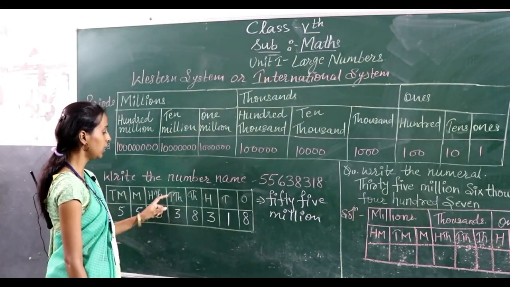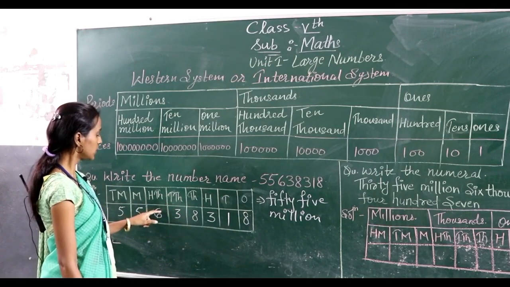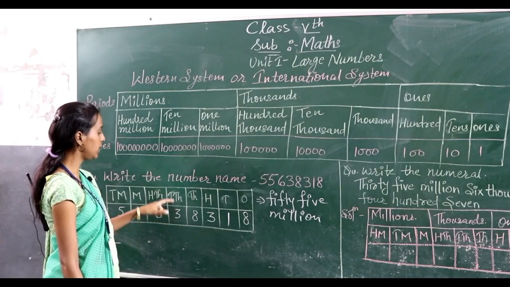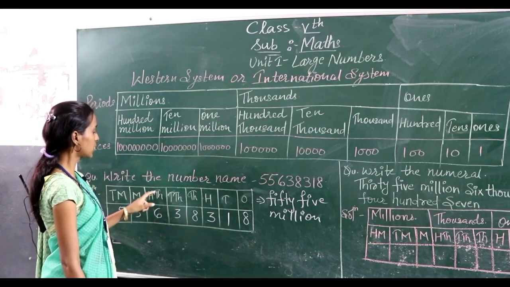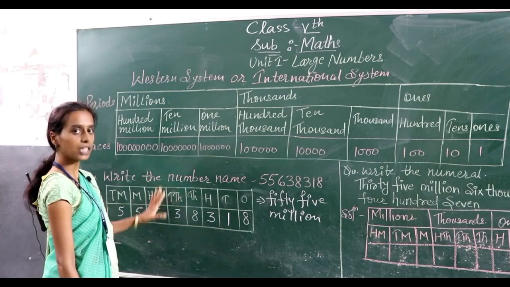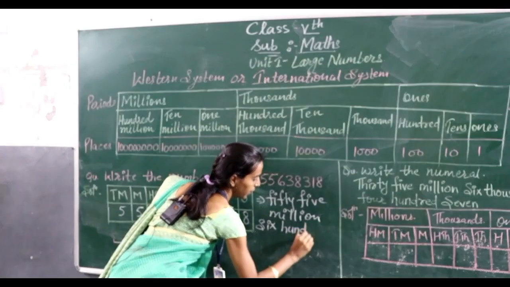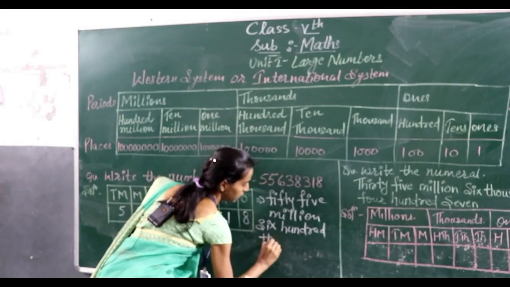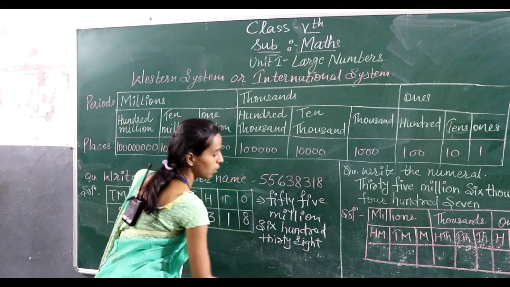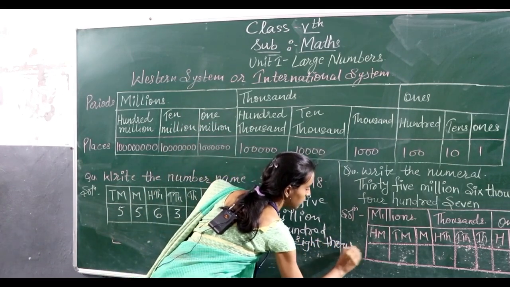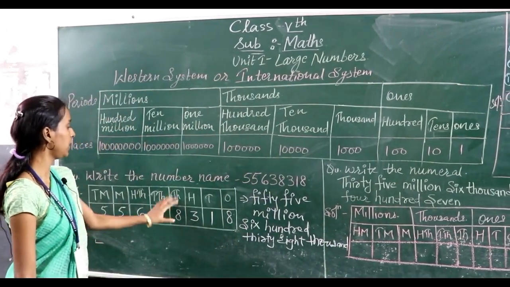So 638, sorry. Okay, so 6 is in the hundreds position, 3 is in the 10,000 position, 8 is in the 1,000 position. So 638,000. 638 and the whole column is of 1,000, so it is 638,000.